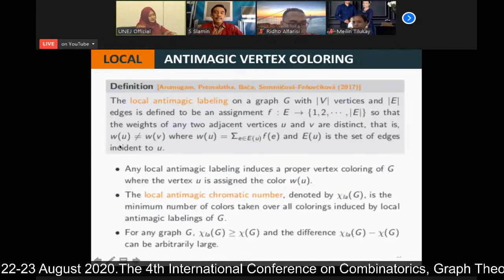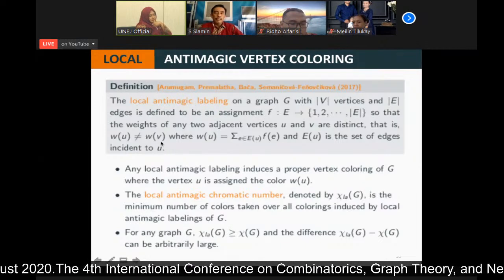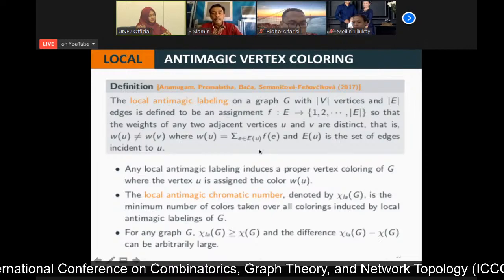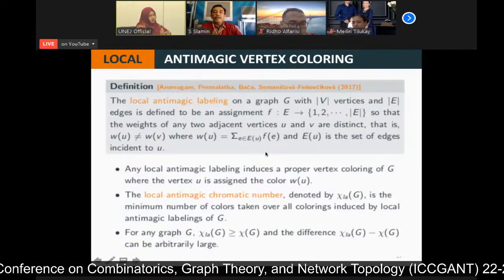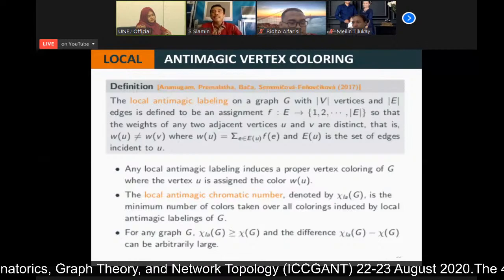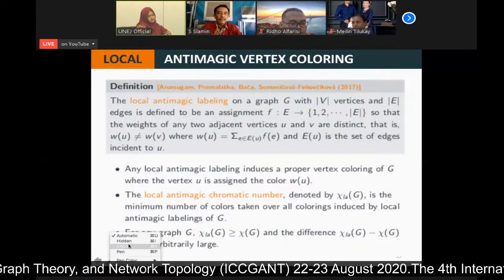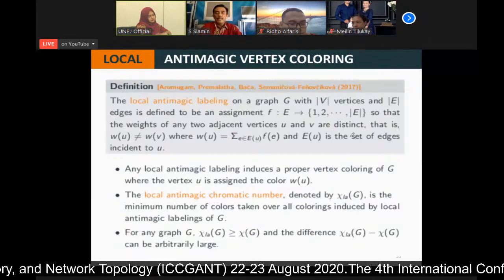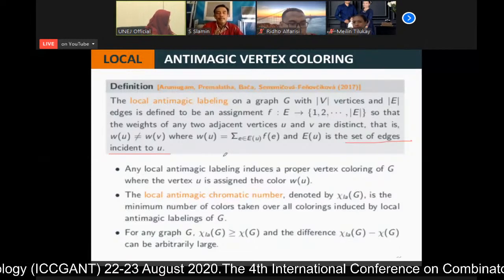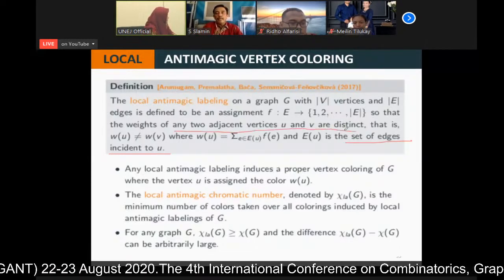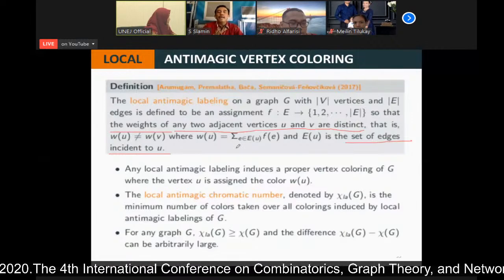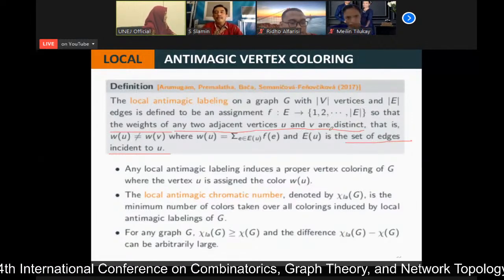That is, the weights of U not equal to the weights of V, where the weights of U is calculated by the sum of the edge labels incident to U, the set of edges incident to U. Of course, you can see that the weights of any two adjacent vertices U and V are distinct.